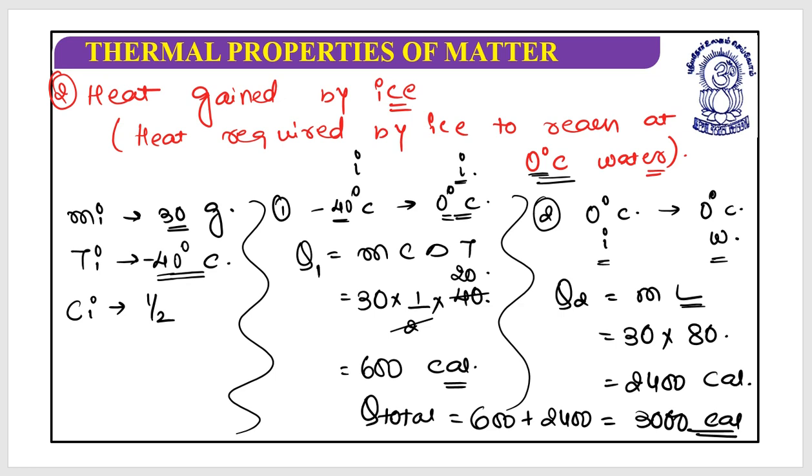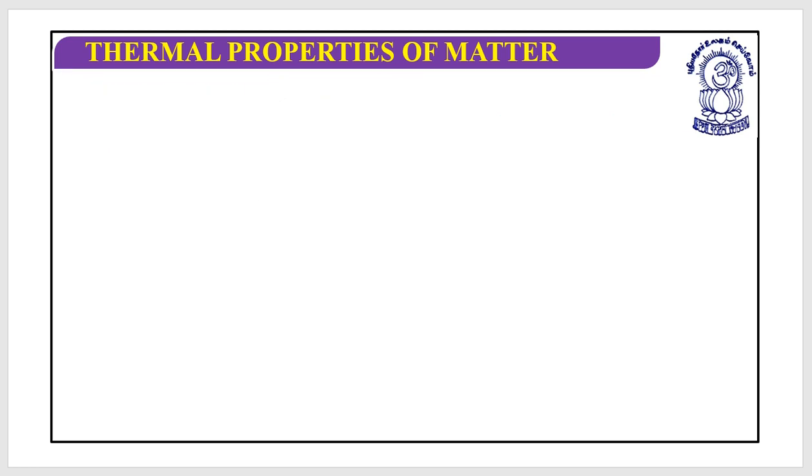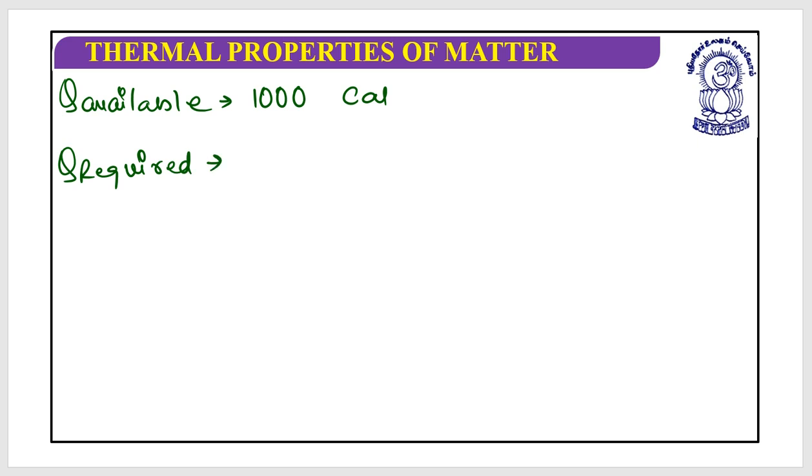This is the requirement. Now the situation is, what amount of energy can water give? Q available is 1000 calorie, and this is Q required by the ice, 600 plus 2400 calorie.